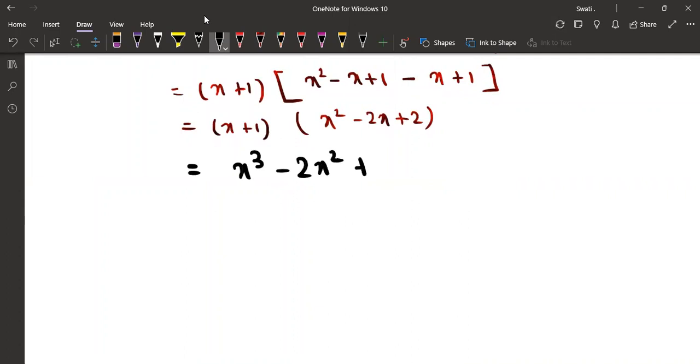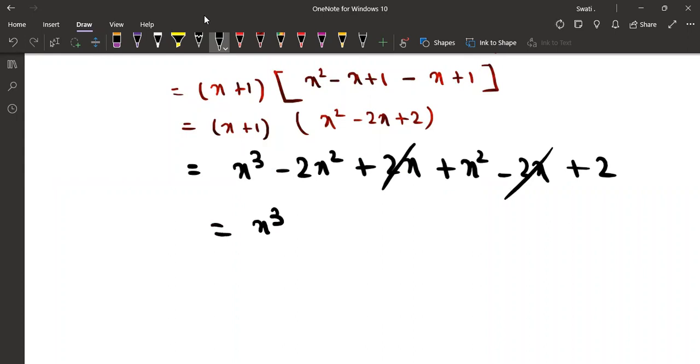And then x times 2 is 2x. 1 into x squared is x squared. 1 times minus 2x is minus 2x, and 1 into 2 is plus 2. So here plus 2x minus 2x will get cancelled. So we are getting x cubed minus 2x squared plus x squared, which is simply going to be minus x squared, and then plus 2. So this is the answer.